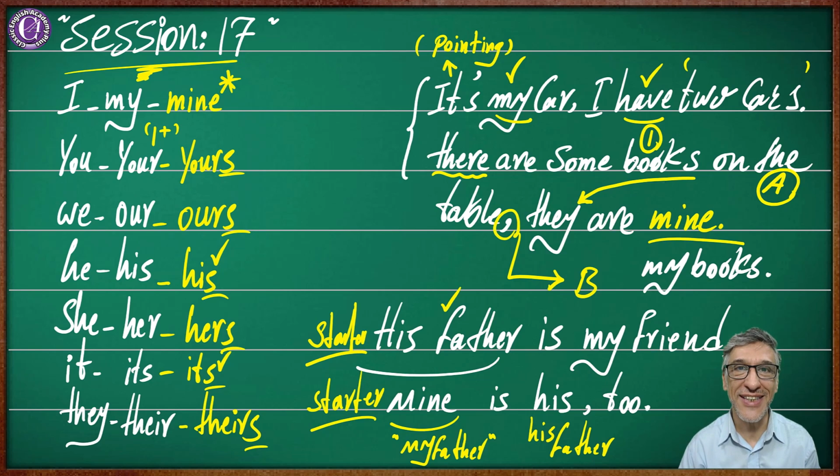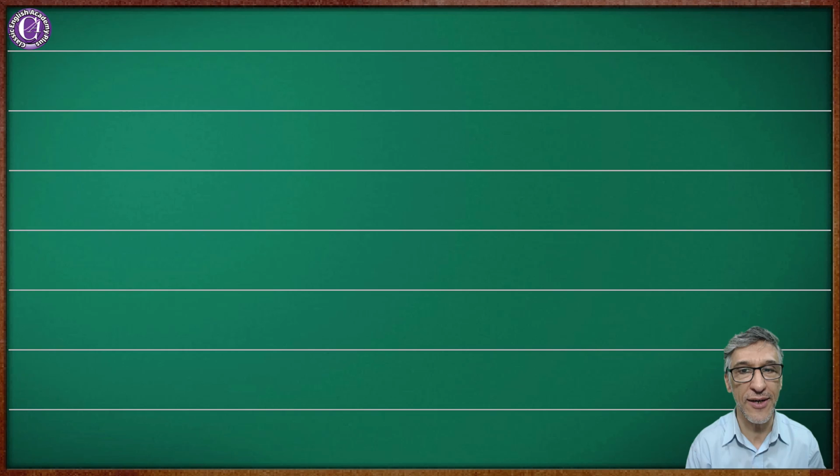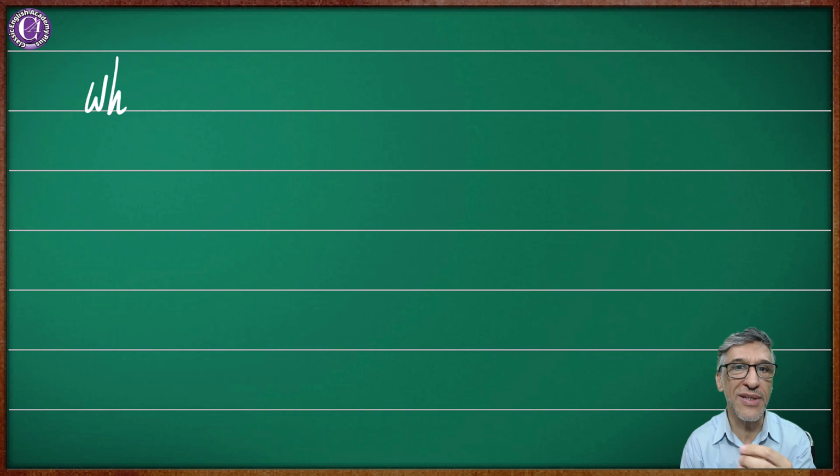Okay, this is interesting. Now let's go for WH questions related to the matter of possessive. I am sure that you really need it and you must use it everywhere, anytime it is necessary, huh? WH is going to ask something more important about something more serious, something with details.